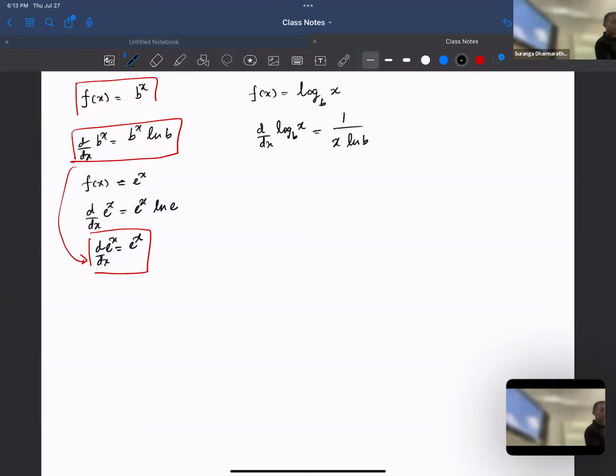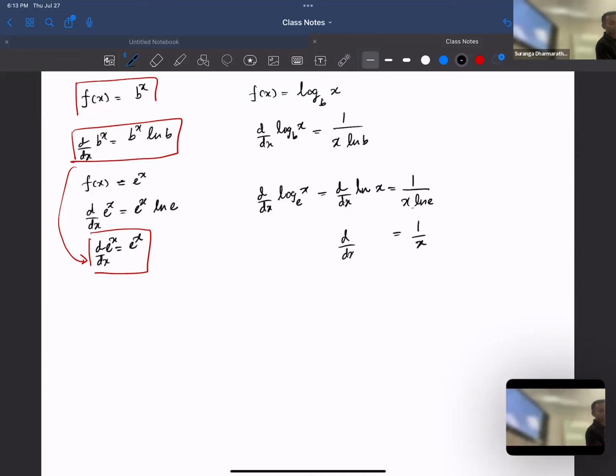So when you replace b with e, if you put d over dx log base e of x, log base e means natural log, ln, this is d over dx natural log of x. It is equal to 1 over x times natural log of e. Natural log of e is again 1, so it's 1 over x.